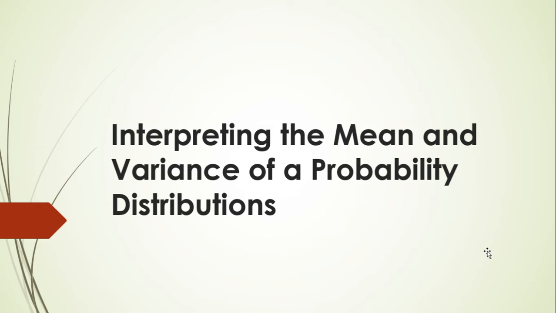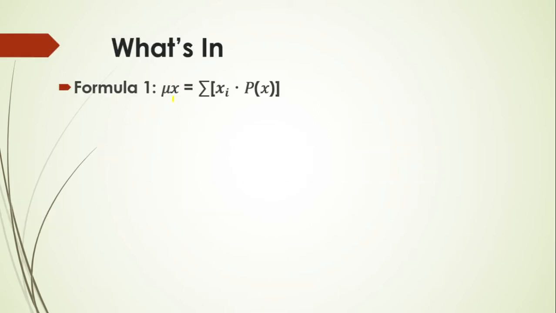Therefore, in this lesson, we interpret the mean and variance of a probability distribution that give you an idea on how to weigh things to choose the right option. First, you need to know the formula to be used. The first formula is the mean of x is equal to the summation of x sub i times p of x.